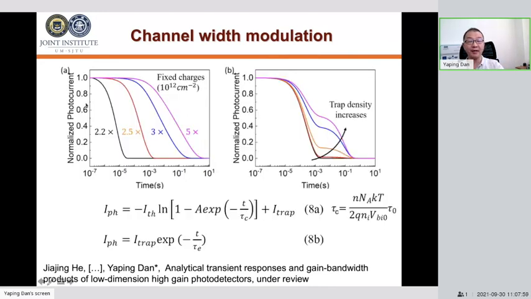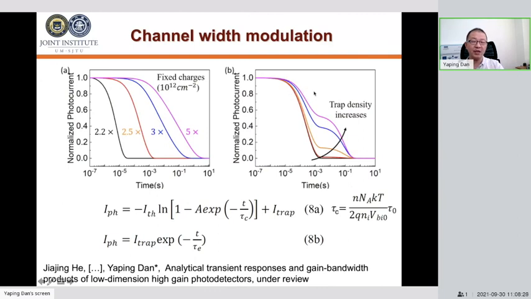In the end, we find that the transient can be written as these two expressions. They have to be divided into two sections. If the trap density is relatively small, then the transient time is dominated by the first expression. If you have large trap states, then you divide it into two sections.